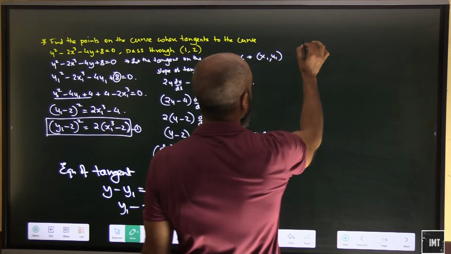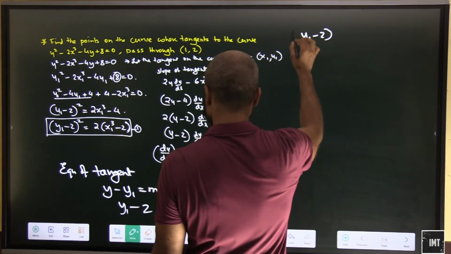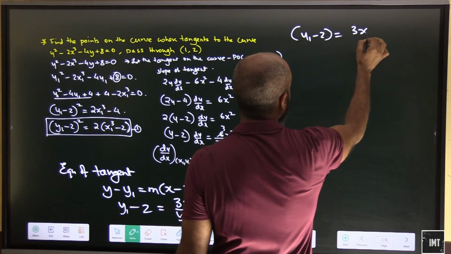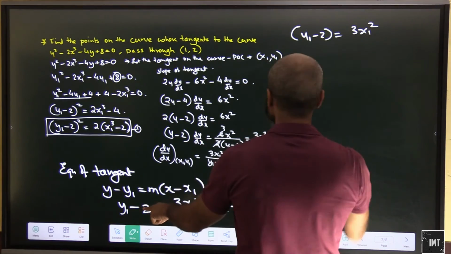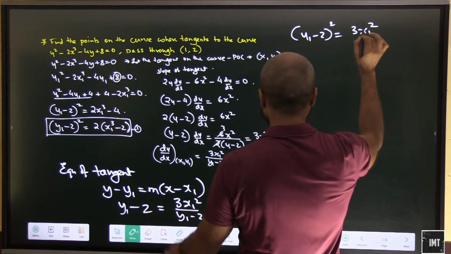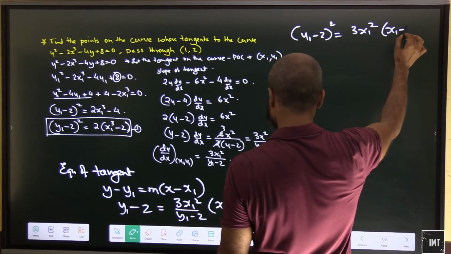So here we have y1 minus 2 whole square is equal to 3x1 square into x1 minus 1.